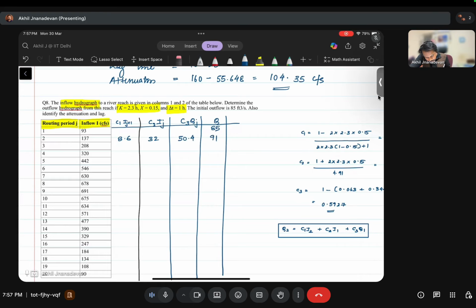Again the same step, C1 into Ij plus 1 is 137, that will be 13.1, this will be 47.2, and we have 91 as our Q. So C3 into 91 is 54.0, that will be 114.